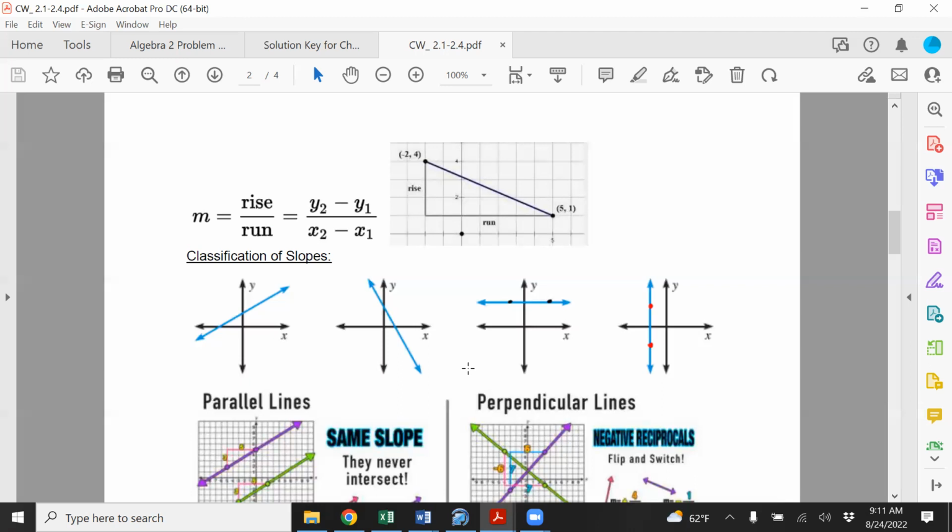Okay. Horizontal. What do you think about horizontal? Any good real life examples of horizontal stuff? Anyone spend time in San Diego? What's the temperature in San Diego usually?